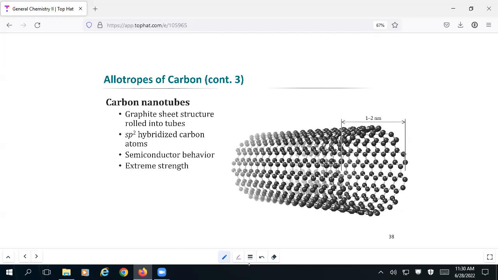Nanotechnology is largely based upon this idea of these fullerenes being used and synthesized into tube-like structures or into other kinds of structural materials. And there have been a lot of strides made in nanotechnology, especially in the last 20 years or so.